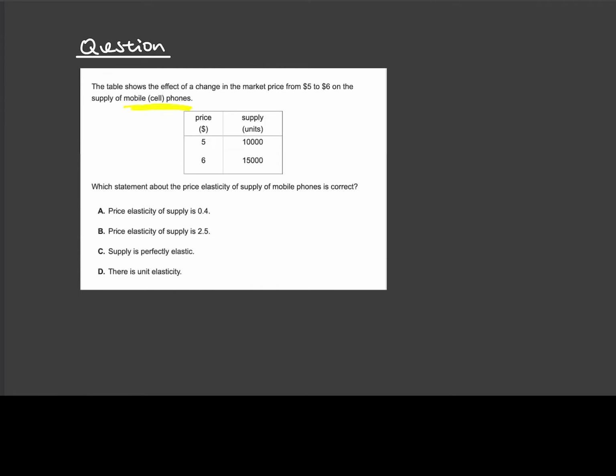Mobile phones are a manufactured good, right? And what do manufactured goods have in common when it comes to PES? They have an elastic PES. They can adjust their supply very easily. That is why we expect this to have an elastic PES.